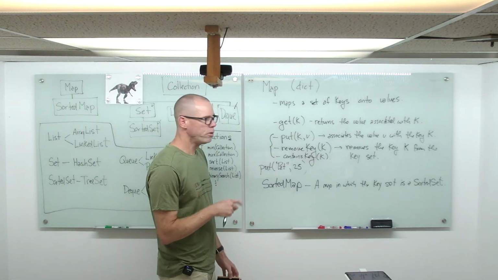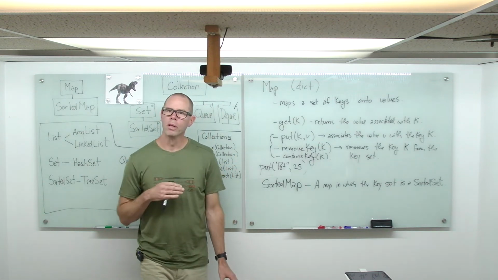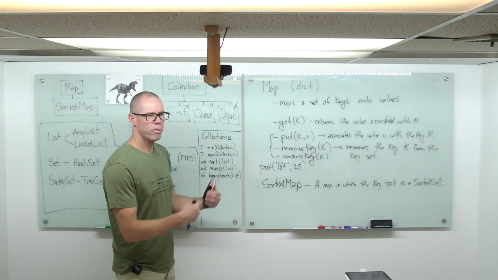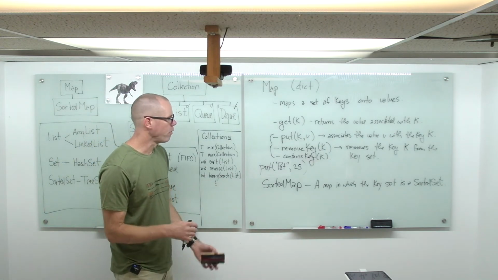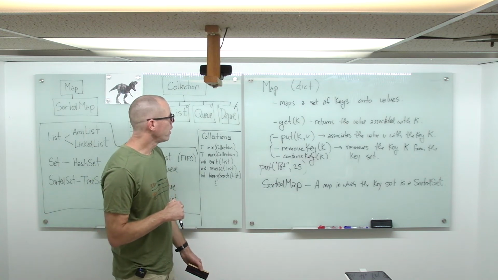But you can have two different keys that map onto the same value. For instance, in this example, if you have two people with the same age, it's fine to have two people whose age is 25 inside your map.